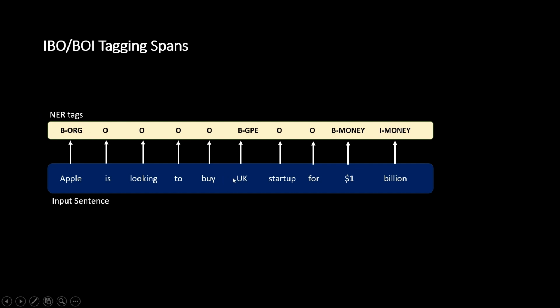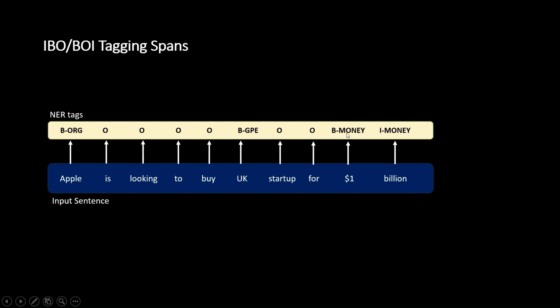Similarly, the token UK is the first and the only token of a geopolitical entity, so it's been assigned the B-GPE tag. Now looking at the two tokens $1 and billion, these two are monetary expressions. This is the first and this is the second monetary expression token, so this has been assigned B-MONEY and this has been assigned I-MONEY, inside.